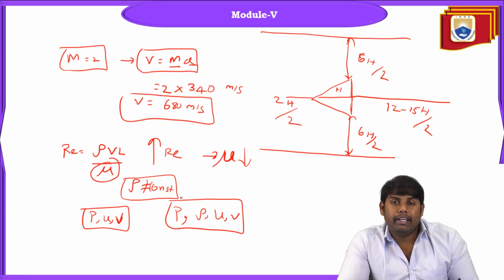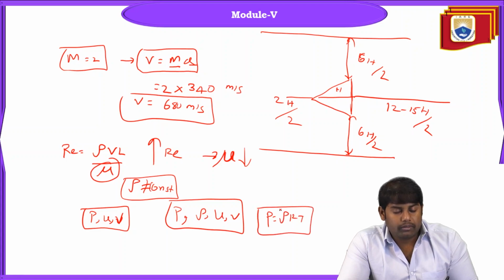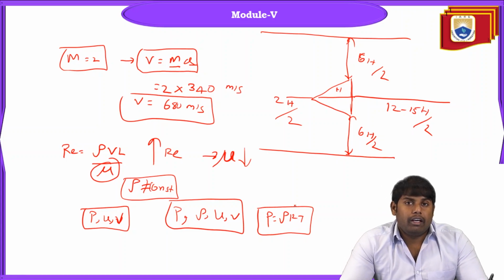So the energy equation, continuity equation, and x and y momentum equations will come into the picture. So when you have hypersonic flow, we have to use the P is equal to rho RT equation, the ideal gas equation, to maintain the relationship between pressure, density, and temperature.